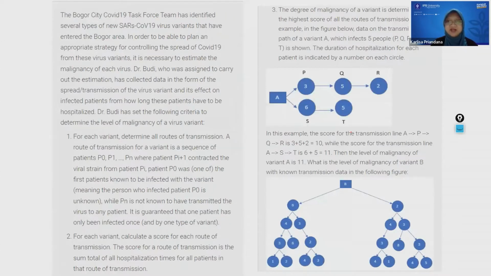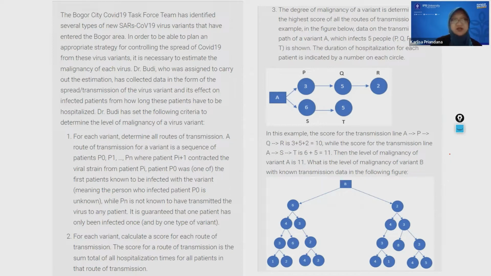Okay, so the next question is about COVID. Please read. You can pause the video if you like, because the passage is quite long, so I will not read it for you. Please pause this video. I hope you already read all the sentences here and you understand the question.